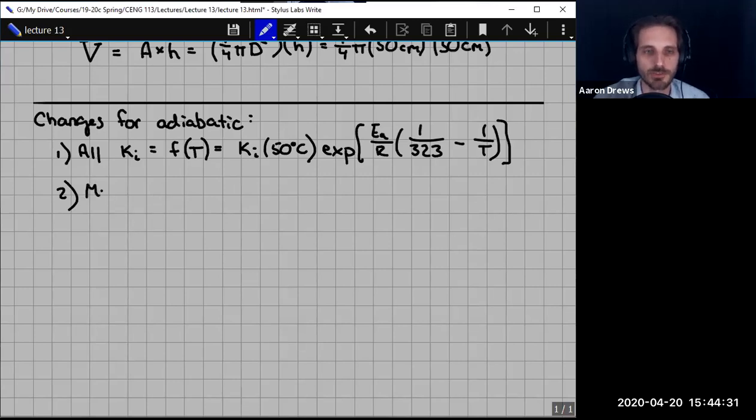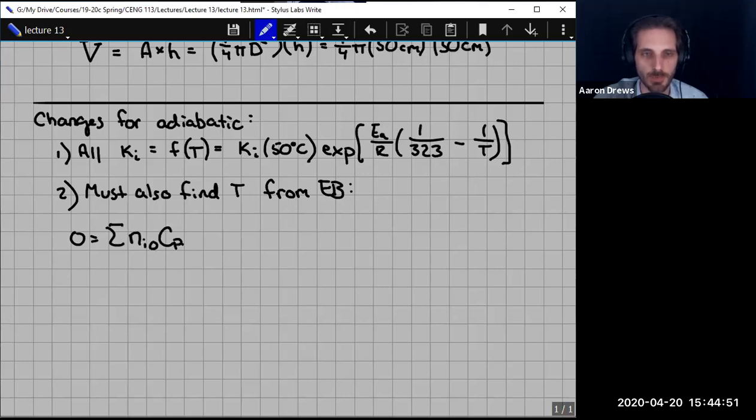The bigger change is that we must also solve for T, right? And so our T is going to primarily come from the energy balance. The energy balance is equation 4.2, which looks like 0 equals the sum of whatever's coming in, C sub P i, times T minus T naught.